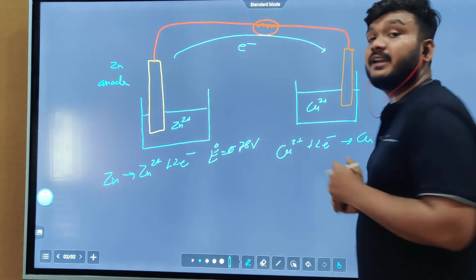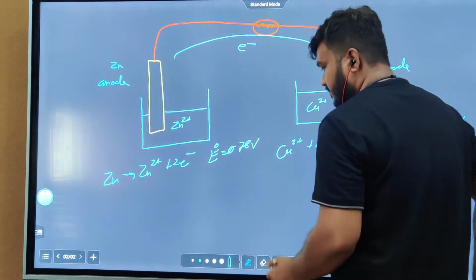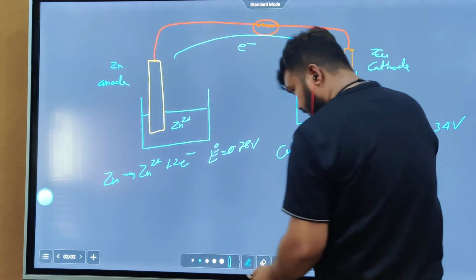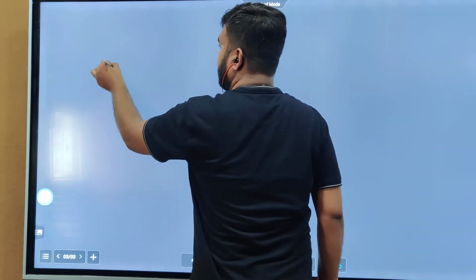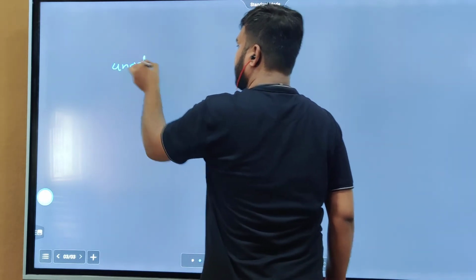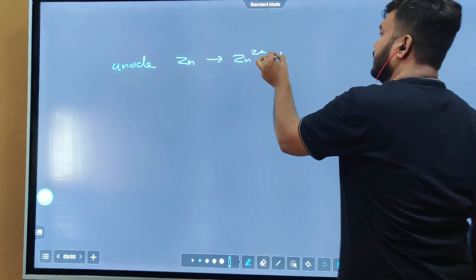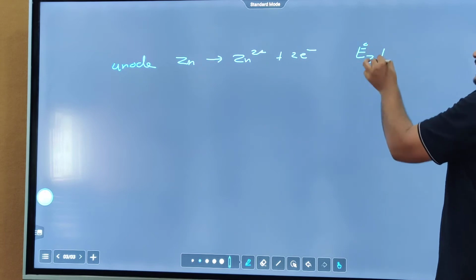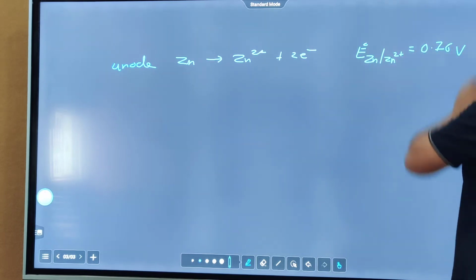So what is the net cell reaction? The next question arises, what is the net cell reaction? So this plus this will give you the net cell reaction. If you add them, you will get what? Anode is Zn going to Zn2+ plus 2 electrons. E naught Zn/Zn2+ is 0.76.